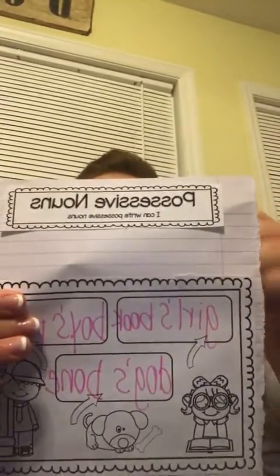But what I want you to know is that a common noun is a person, place, thing, or animal. A proper noun starts with a capital letter because it is an important name of a person or place. Possessive nouns are words that end with an apostrophe S because they show ownership.